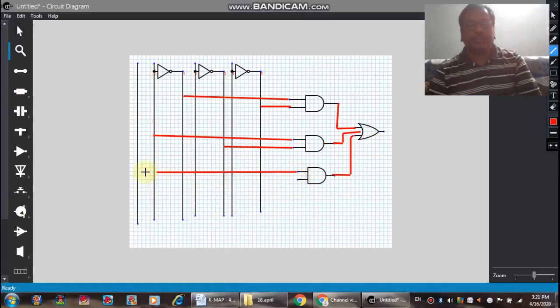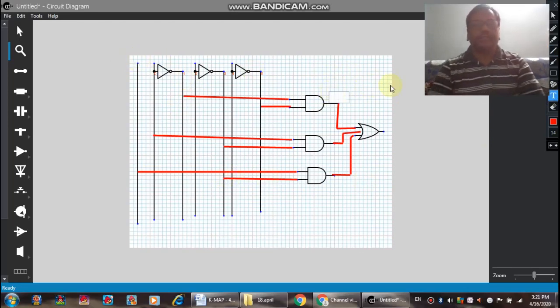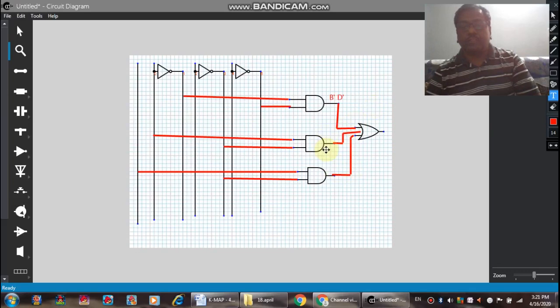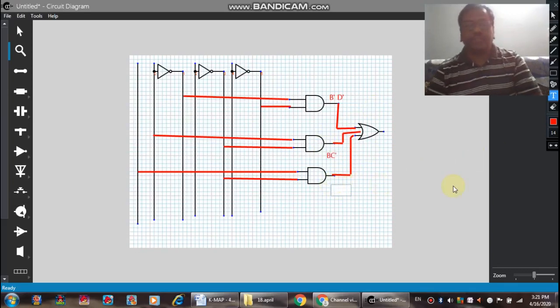That means this is going to be connected by A, and we are going to connect it by C bar. This is the way the gate is to be calculated. Simple. This is B bar, D bar. What is this? This is B, C bar, and what is this? A.